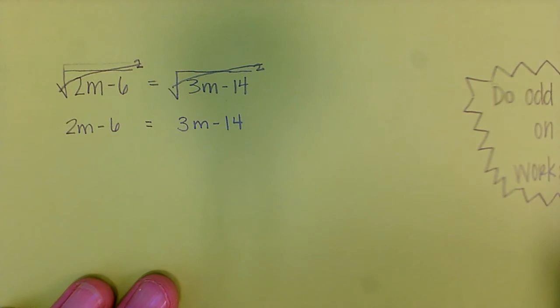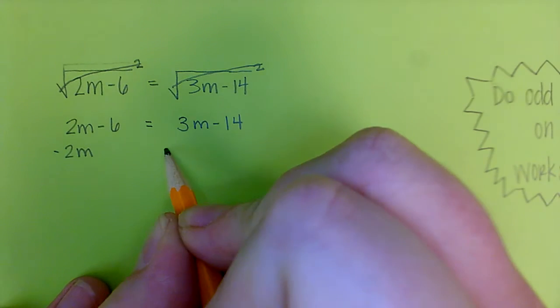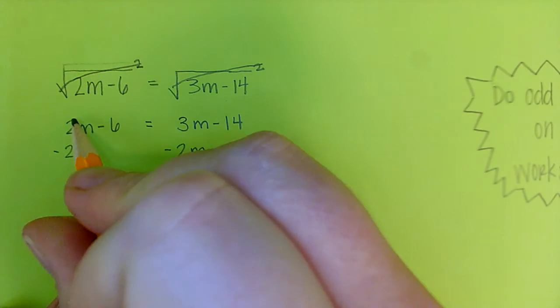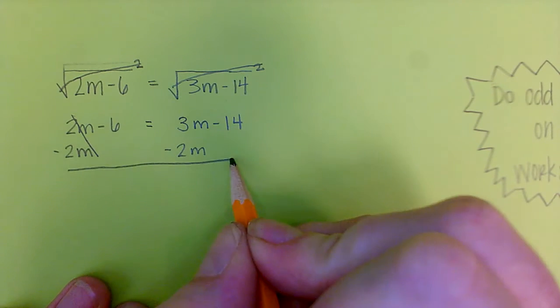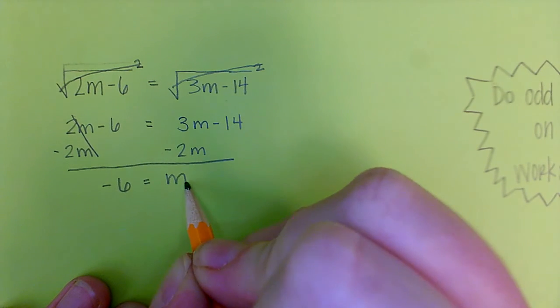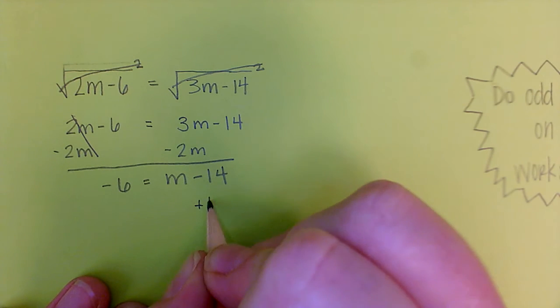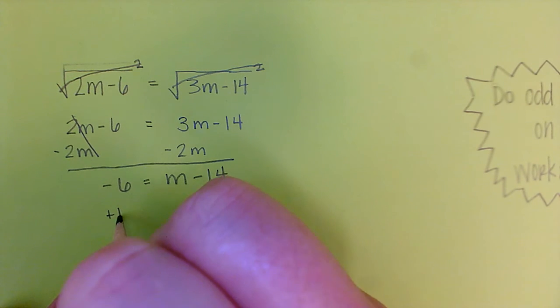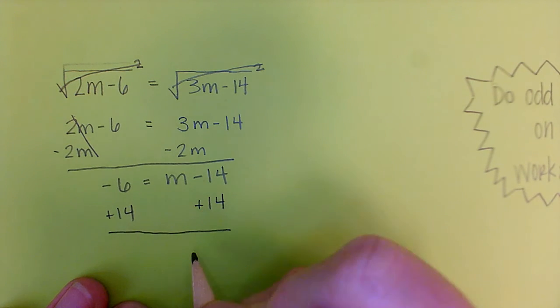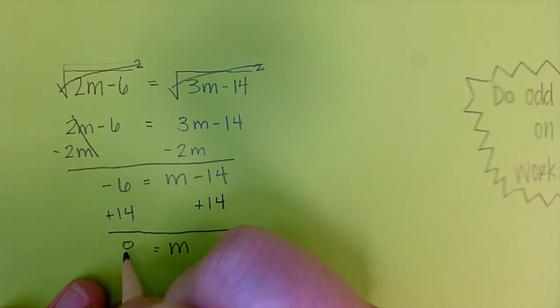So when we solve, just like basic algebra, get your letters on one side and your numbers on the other side. So you have negative 6 equals m minus 14. Last step to get m by itself, add your 14. M equals 8.